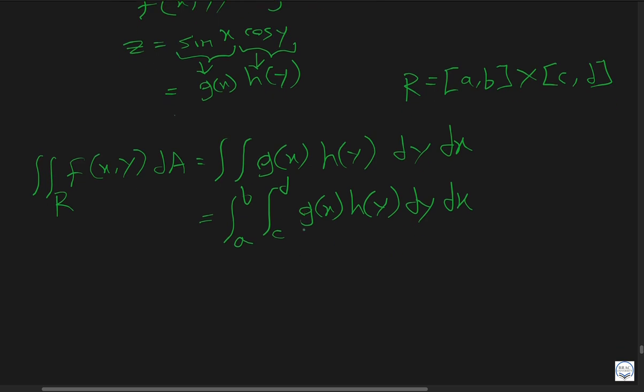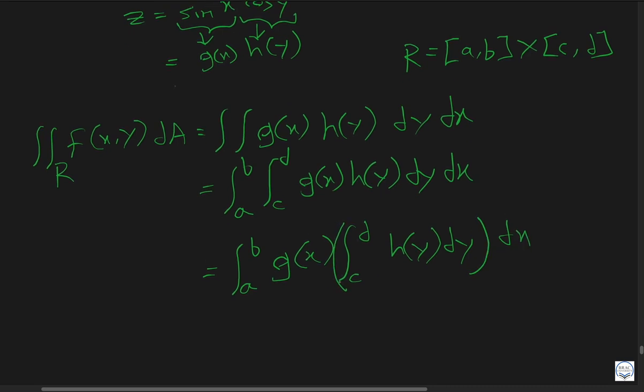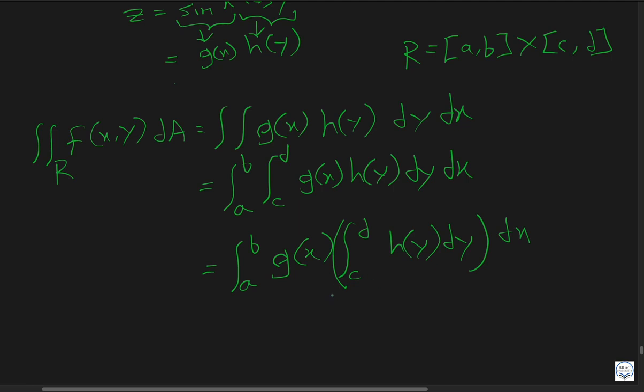Since g of x is actually a constant while we're doing the y integral, the inner integral, we can take it outside our integral. Now let's think about the thing inside the parenthesis. What is this thing? This is a definite integral with constant limits, in terms of y only, and this is definitely a number, right?